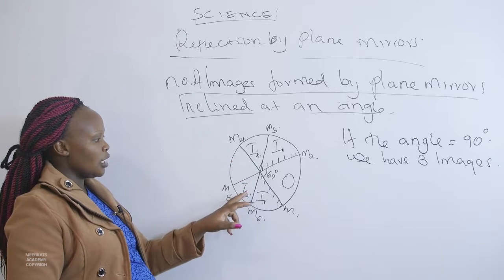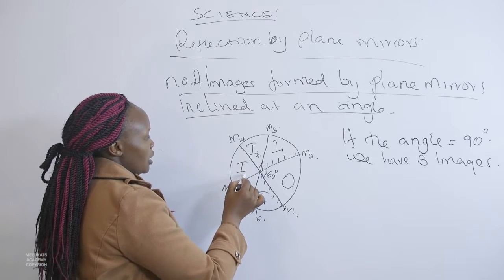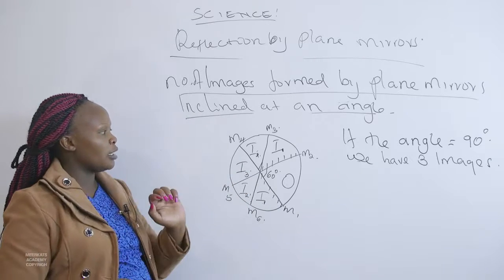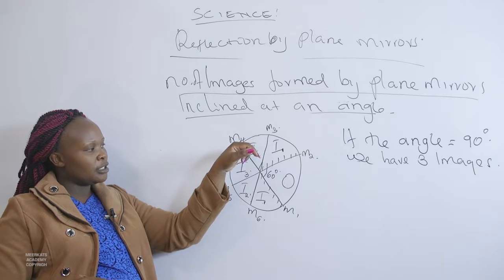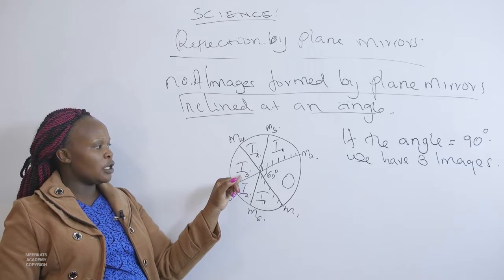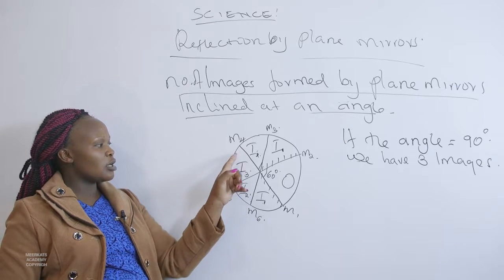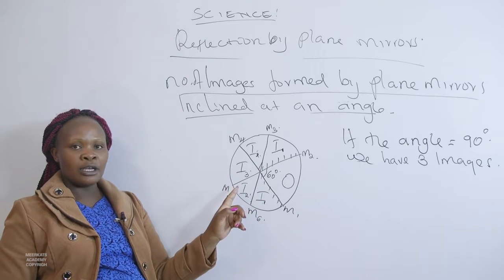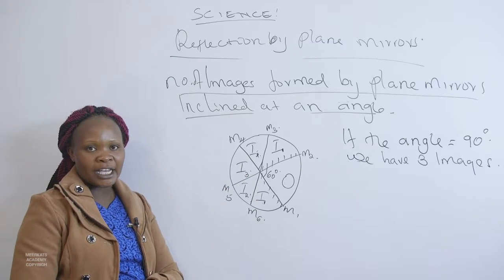Then this one and this one merge to form another one we are going to call 3, because it has to be as far behind as the object is in front. And the same case will apply to this other quadrant, so that this one now becomes a merger of the images that would result from I2.